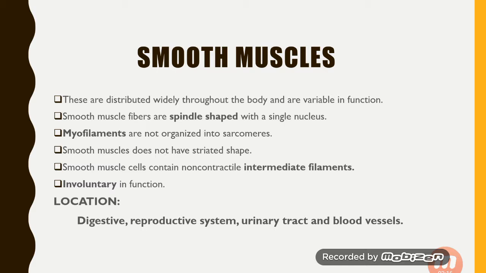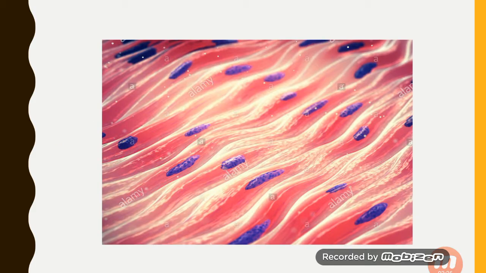They are found in the digestive system, in the reproductive system, in the urinary system, and in blood vessels. In this diagram, the smooth muscles show very clearly their spindle shape and one nucleus per cell.